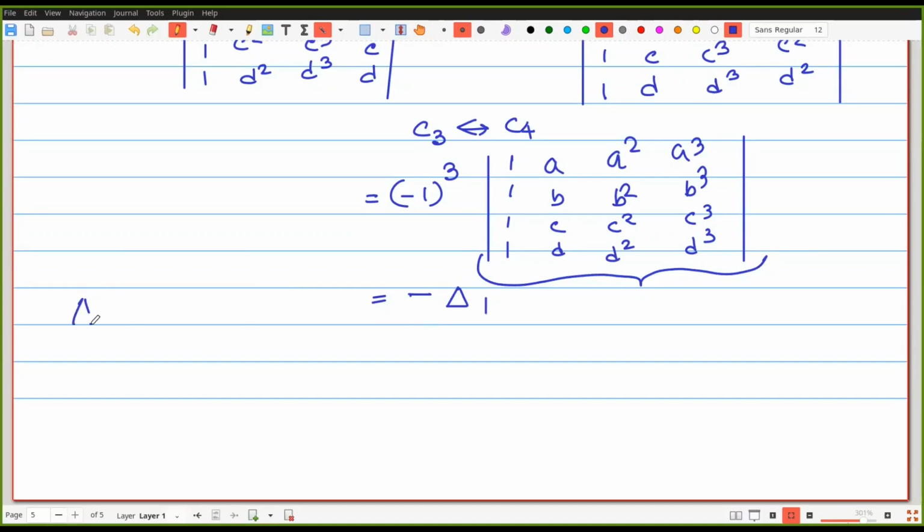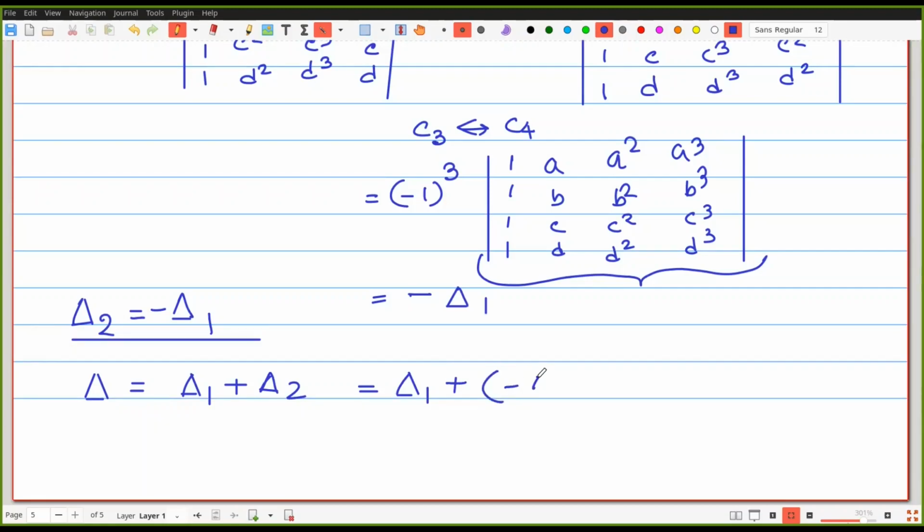So practically we have delta 2 is equal to minus delta 1. Again, delta is equal to delta 1 plus delta 2. So delta 1 plus, in place of delta 2, we are writing minus delta 1. So the result is 0.